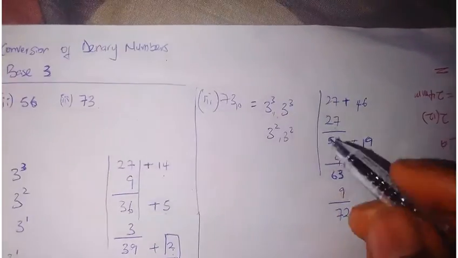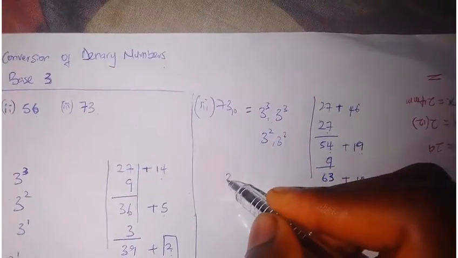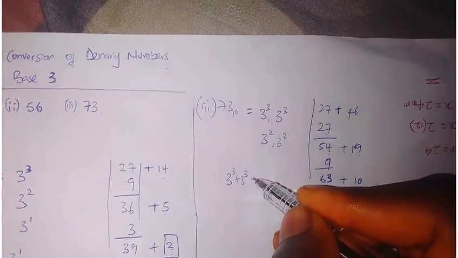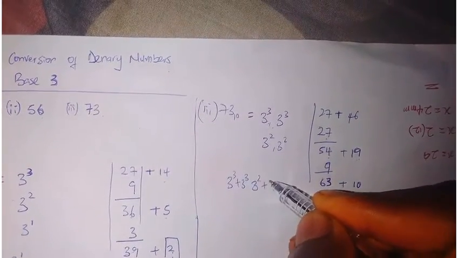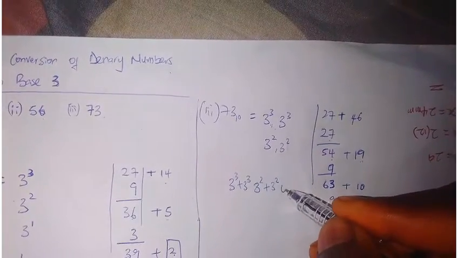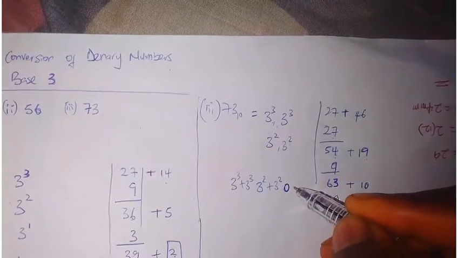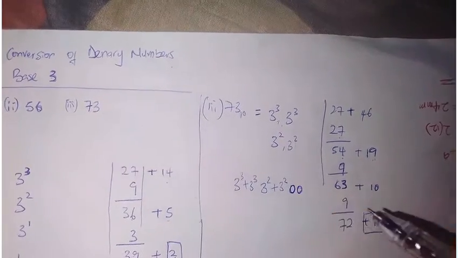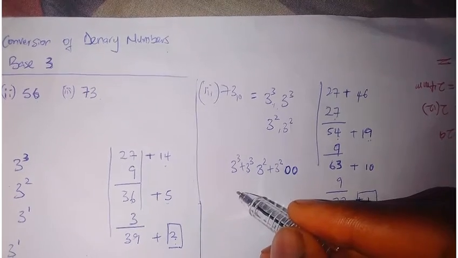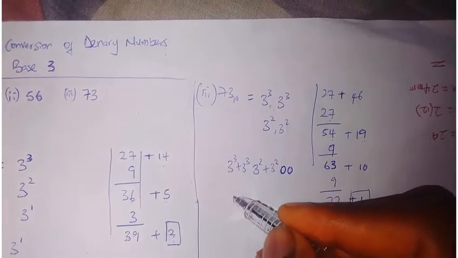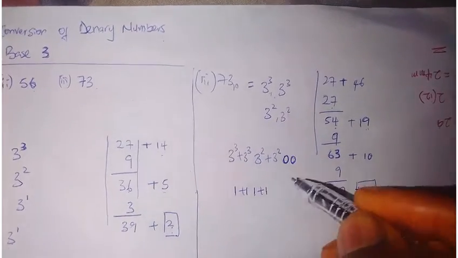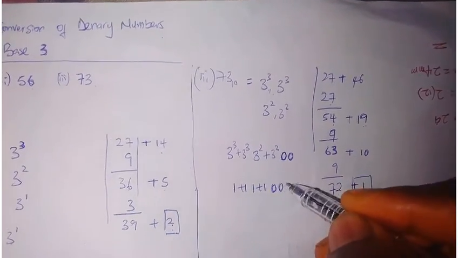So what will be my answer here? This will be what? 3 raised power 3 plus 3 raised power 3. Then we have what? 3 raised power 2 plus 3 raised power 2. Then for 3 raised power 1, it does not appear. That's 0. 3 raised power 0 does not appear. That's what? 0. Now, in which case, what do I have? This now becomes 1 plus 1, 1 plus 1, 0, 0.